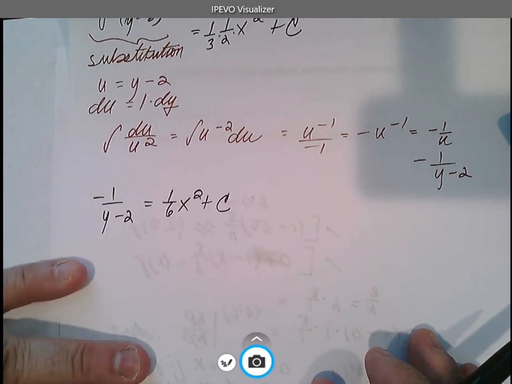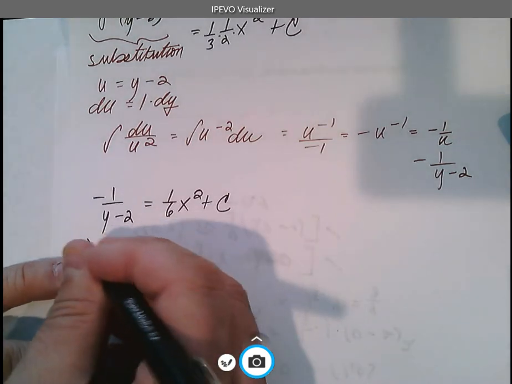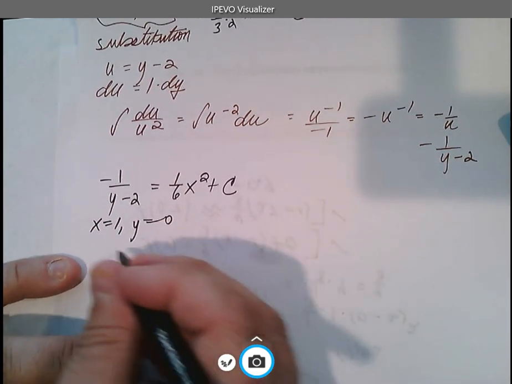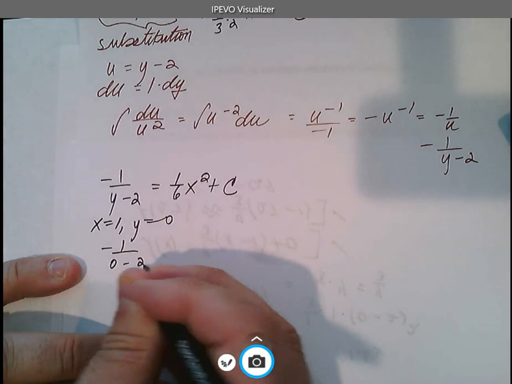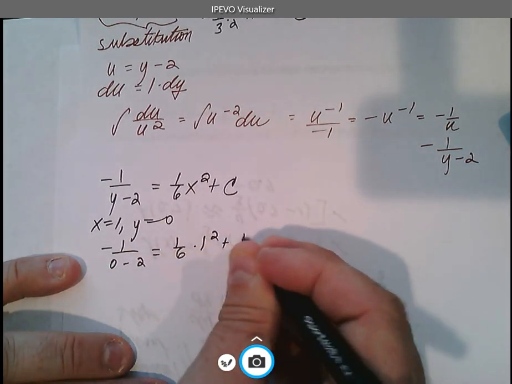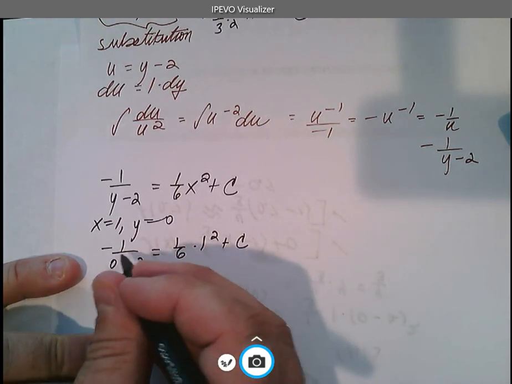Let's use that initial condition. We know that f of 1 is equal to 0. So if x equals 1, y is equal to 0. We've got negative 1 over (0 minus 2) equals 1/6 times 1 squared plus c.